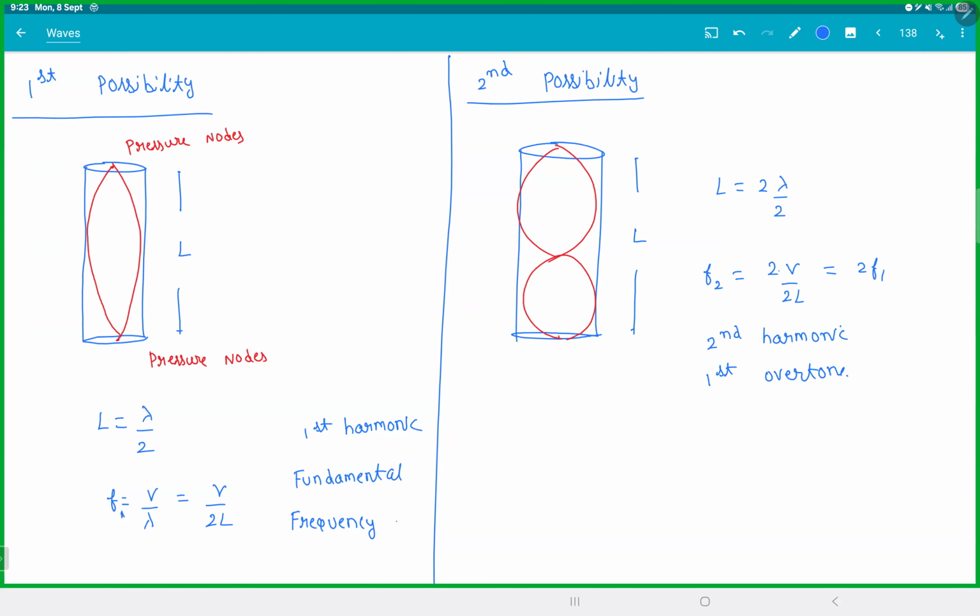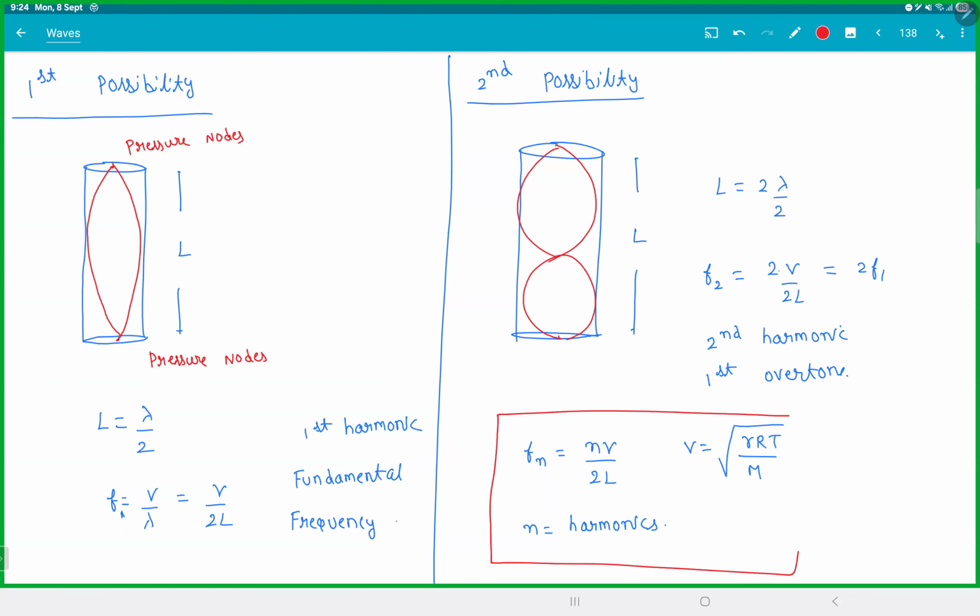So your general equation looks like this. Fn equals nV by 2L, V will be root over gamma RT by M. N is the harmonics. Check it out. And this is what I said.